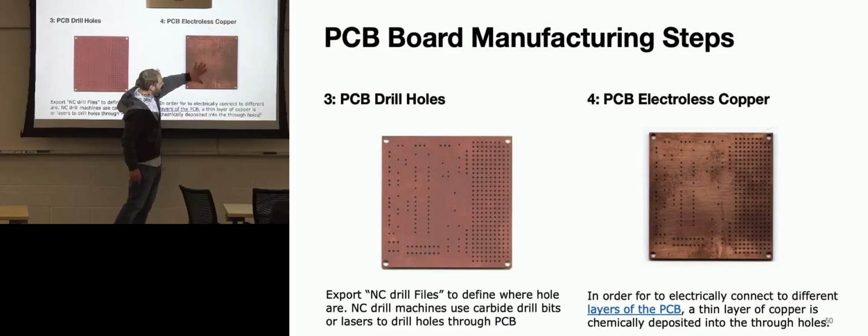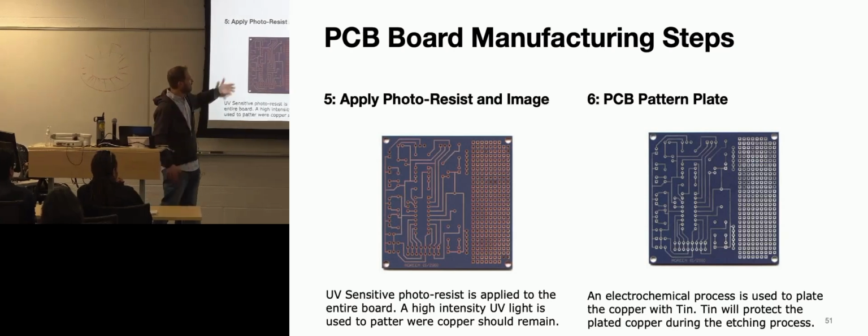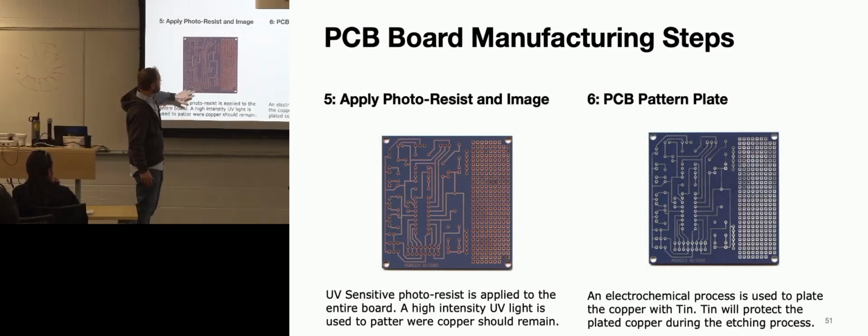Next, here you have copper-filled holes, but now I don't have my design yet. So I need to get my design on this, and I'm going to remove the negative of my design. What they do is apply photoresist, which is either photopositive or photonegative, depending on which one you're going to use. They use a light pattern through a mask to make certain regions hard or soft.